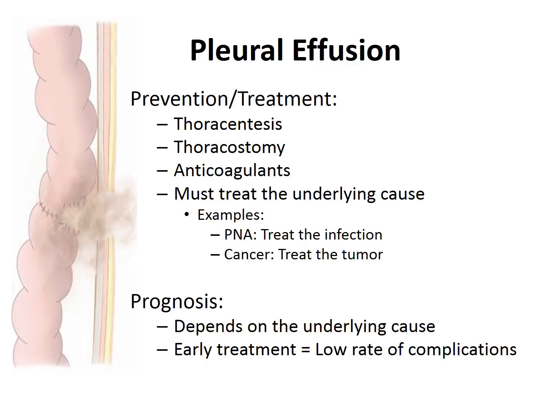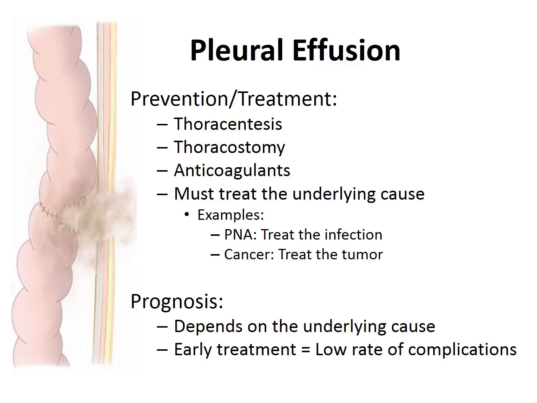However, sometimes not enough fluid is able to be removed. We then, or the doctors, then move on to the next listed, the thoracostomy. This is taking a tube and removing the fluid via the tube, allowing more fluid to be removed.